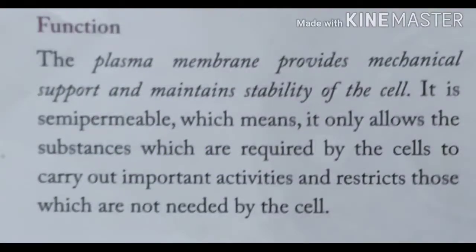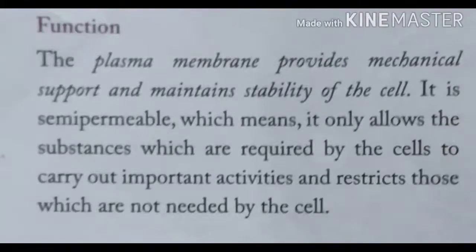The plasma membrane provides mechanical support and maintains the stability of the cell, and it is semi-permeable, which means it only allows the substances which are required by the cell to carry out important activities and restricts those which are not needed by the cell. That is the function of plasma membrane.